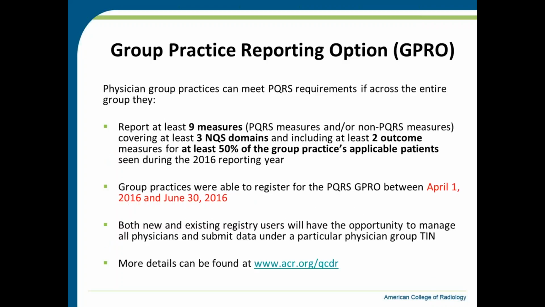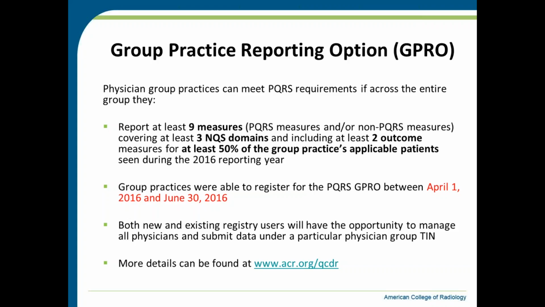I think it's important to spend a little bit of time on group reporting, because with PQRS there are a lot of nuances. If you are an individual provider, you have a certain set of requirements that you need to meet, but as a group you also have different reporting requirements that you can meet, and it's actually simplified a little bit.